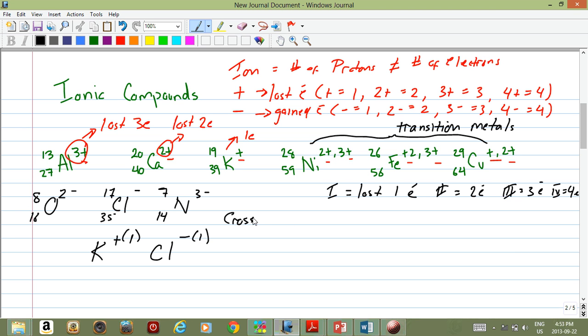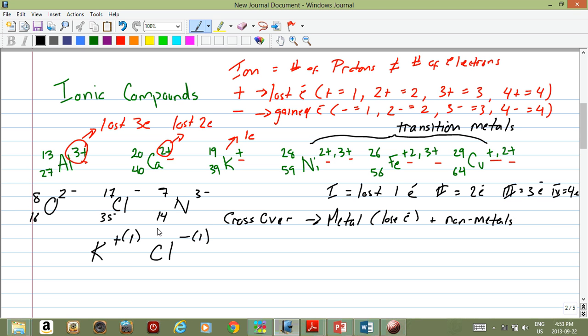Okay? This is a rule that predicts the formula of an ionic compound. And again, an ionic compound is between a metal, which are things that lose electrons, and a nonmetal. The nonmetals are on the right side of the periodic table.